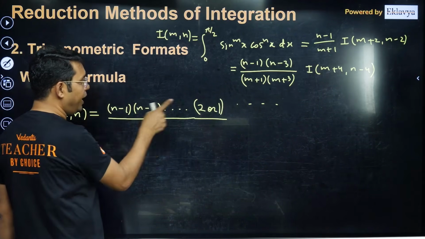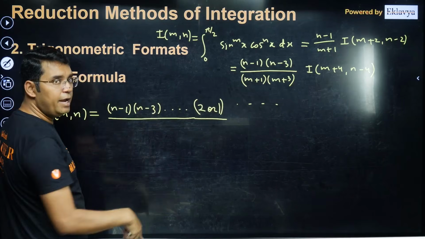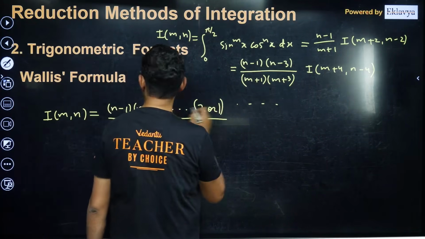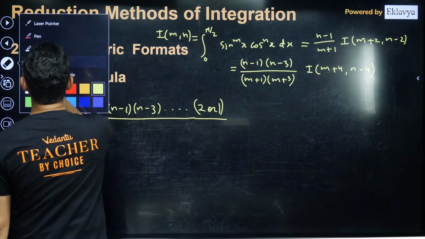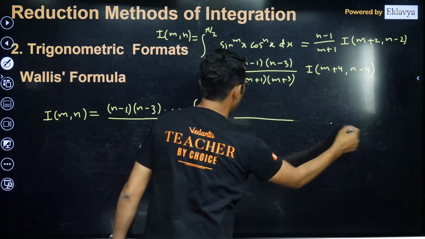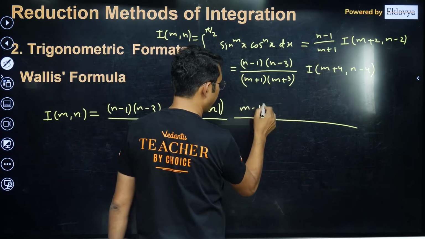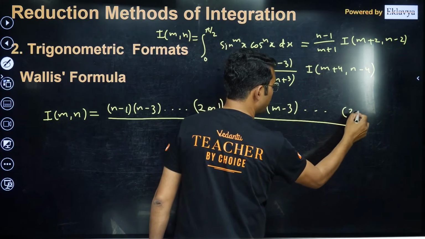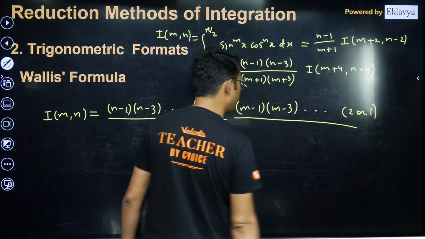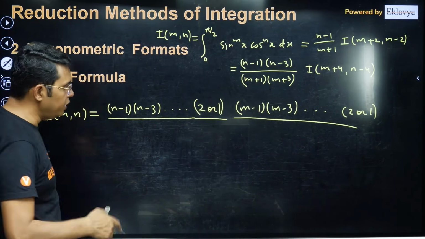For even it will end at 1, if it is odd it will end at 2. A similar bracket will be there for m also. So here we will be having m minus 1, m minus 3, and so on. This will also end at either 2 or 1, depending upon whether m is odd or even.